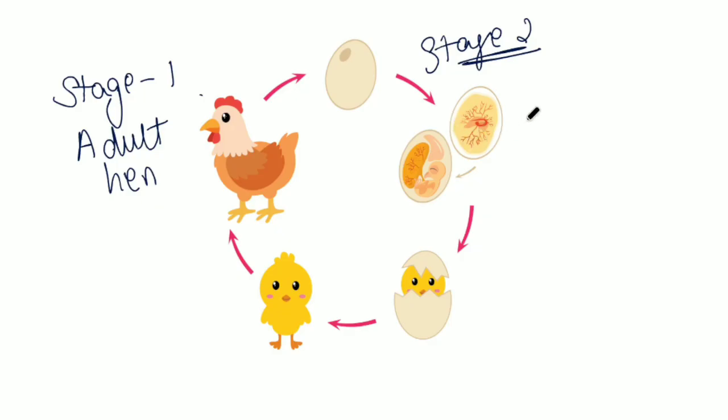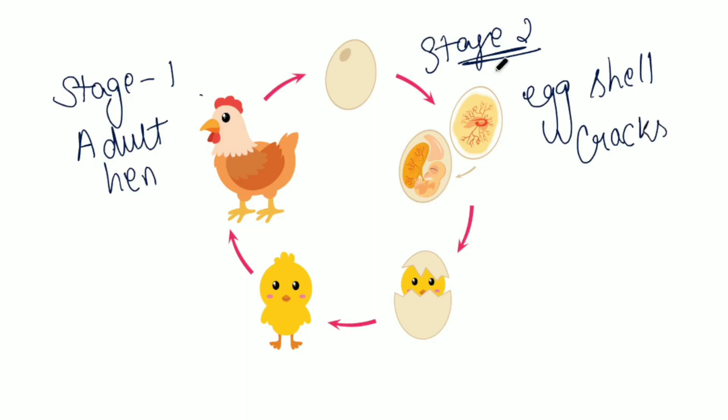In stage 2 the tiny chick is growing, and the eggshell cracks.